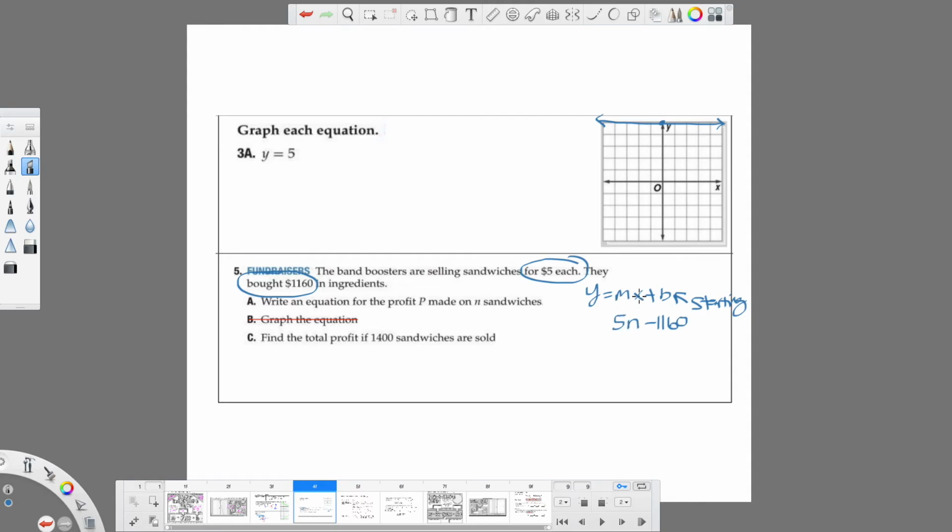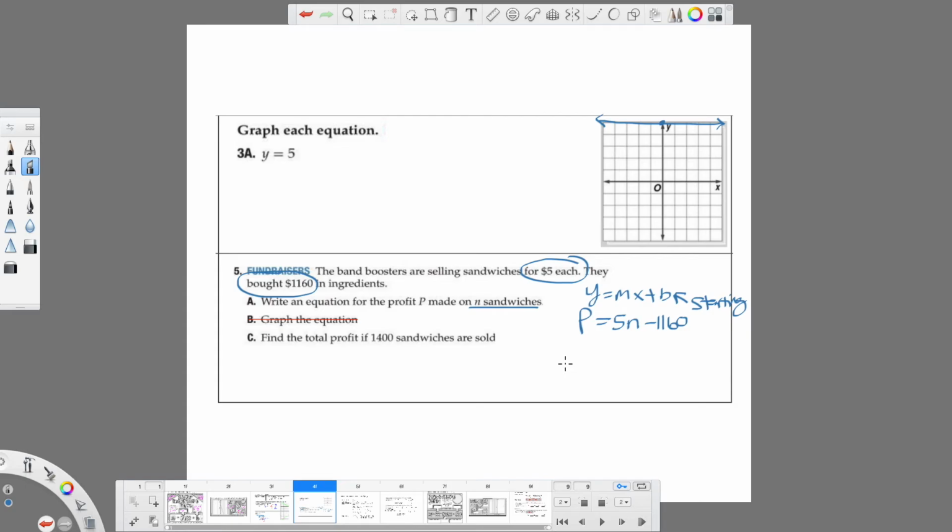They want me to use N. So I'm switching that variable out just so I match up with my directions here. So $5 per sandwich. And this tells me how much I'm making. To know profit, though, I have to subtract what I've spent. Okay? And instead of y, they want us to use a capital P there for profit. So that's a basic formula there for profit.